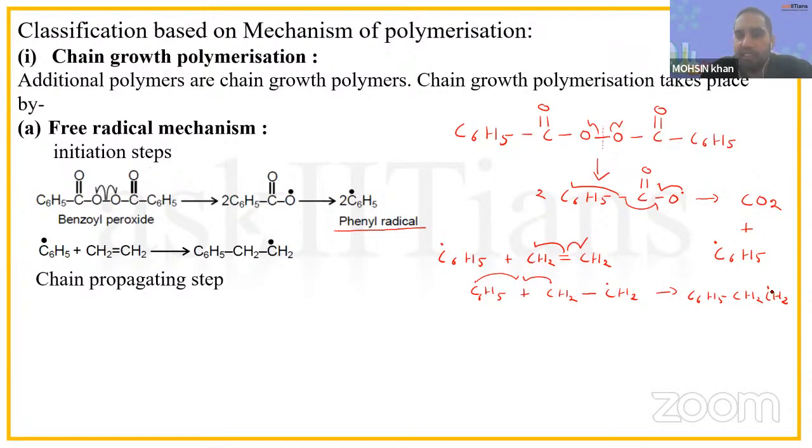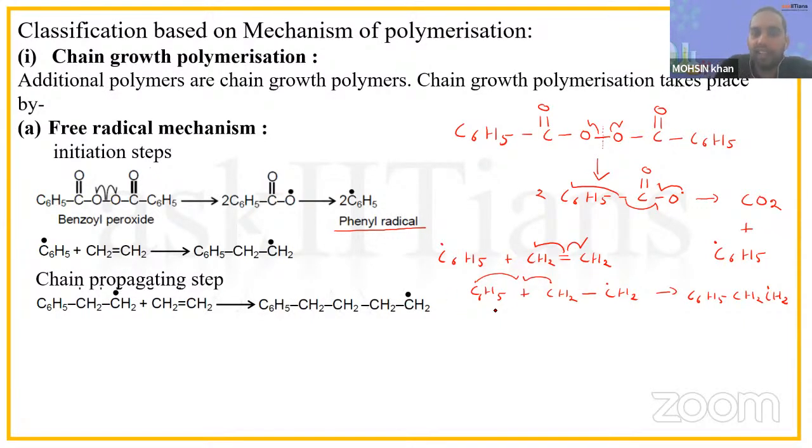As this radical forms, the propagation step will occur. The chain will propagate, that means chain lengthening will occur. So the C6H5 CH2 radical will attack another molecule of ethene monomer, and we get chain lengthening.